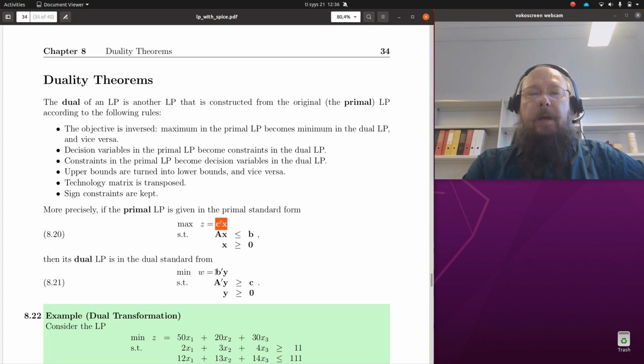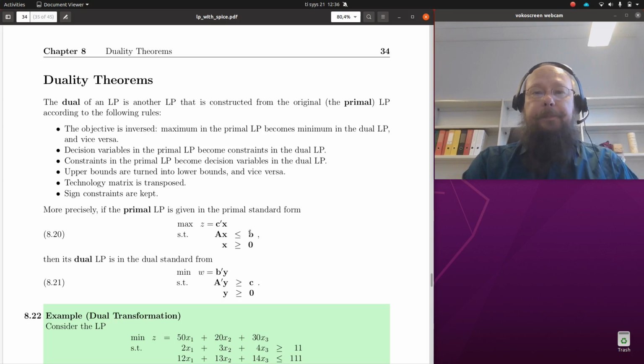Now we actually have b transpose y. Since I use x for the decision variables here, and these are different, I use y for them. And here we had the c, now here we have the b that's coming here.